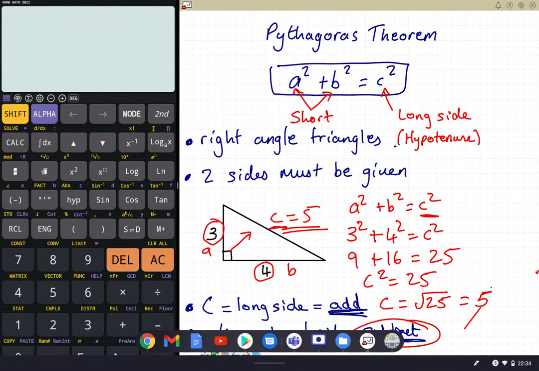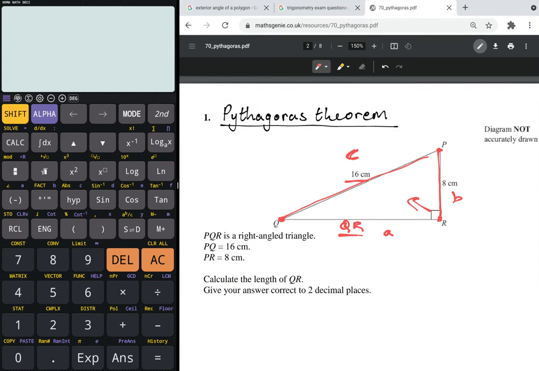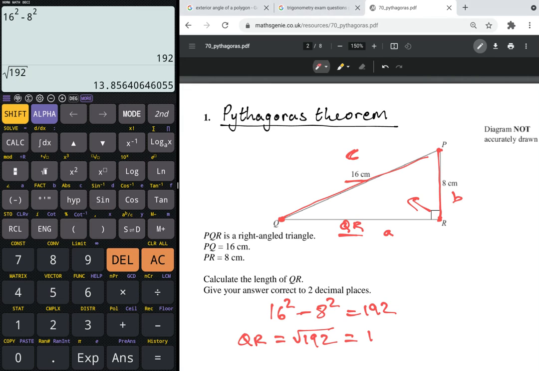I'm going to do the long side squared first, 16 squared, take away the short side squared that I've been given, 8 squared, which gives me 192. So QR will be the square root of 192, which will be 13.86 to 2 decimal places.